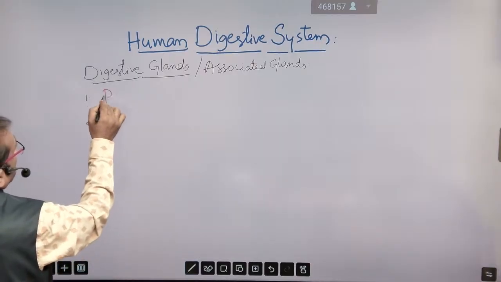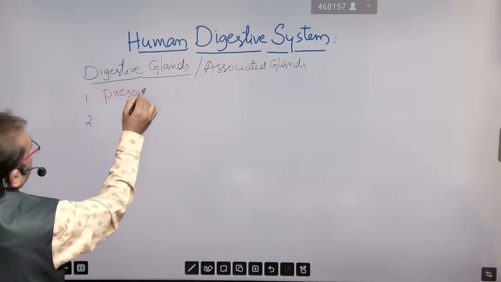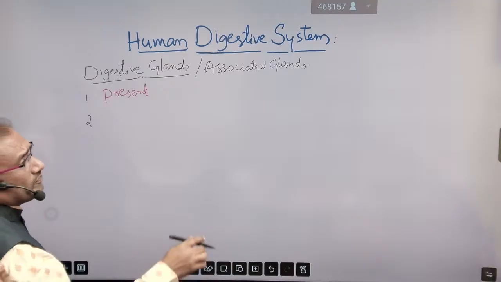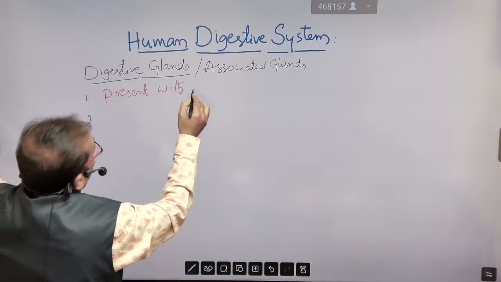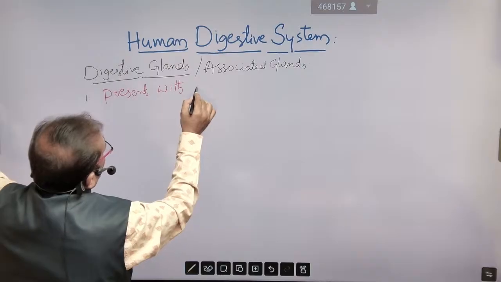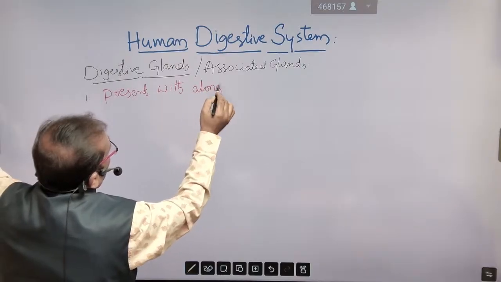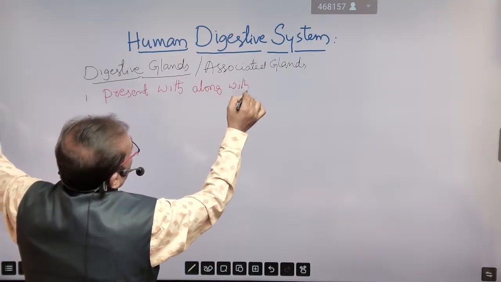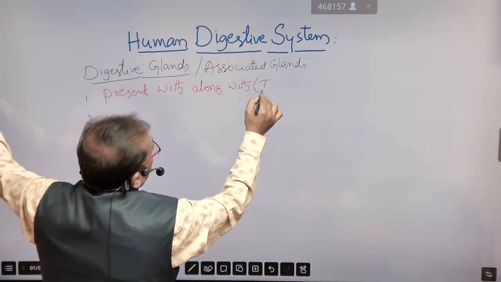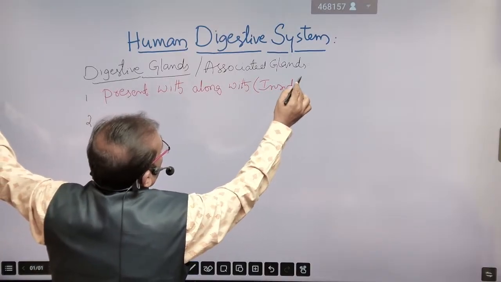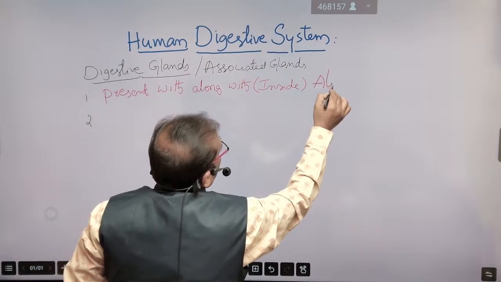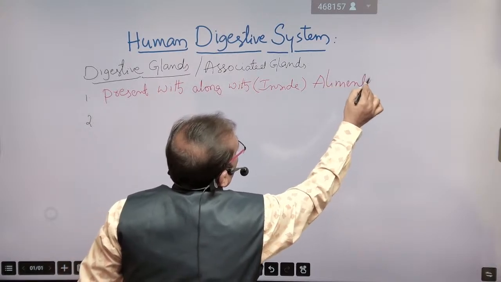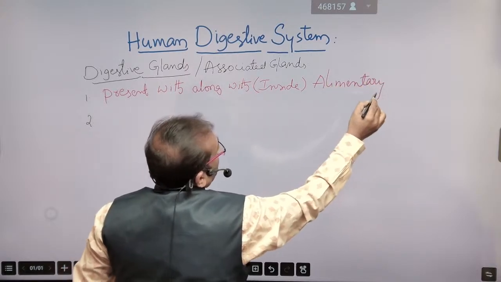One type is present within, or along with, the alimentary canal, that is, inside the alimentary canal.